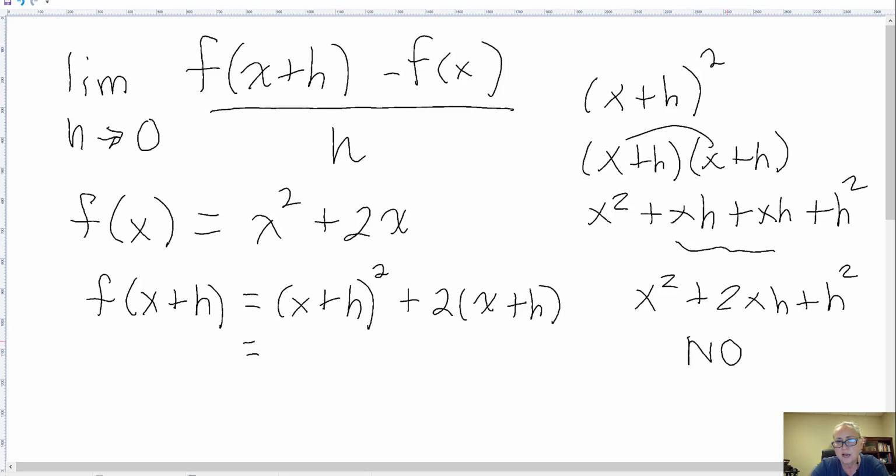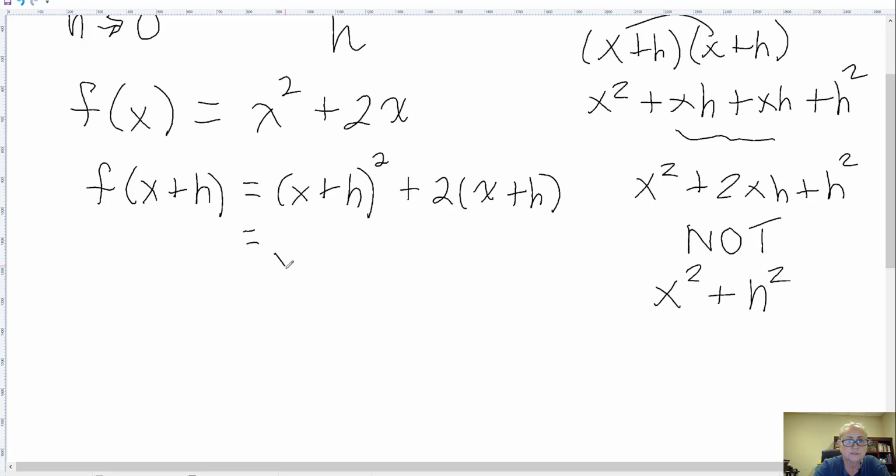It is not x squared plus h squared. So this is x squared plus 2xh plus h squared plus 2x plus 2h. Now that's just f of x plus h.